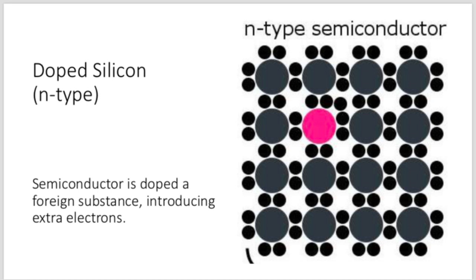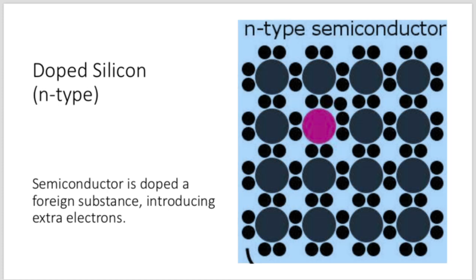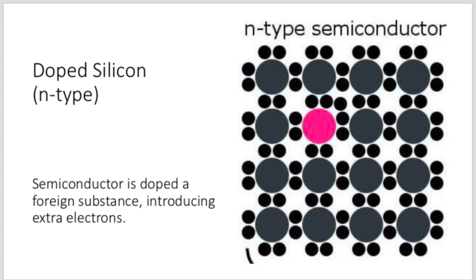In what we call an N-type semiconductor, you add a foreign substance that has too many electrons. As you can see here, in this pink atom, instead of being in contact with 8, it's in contact with 9. So it's touching 9 electrons.